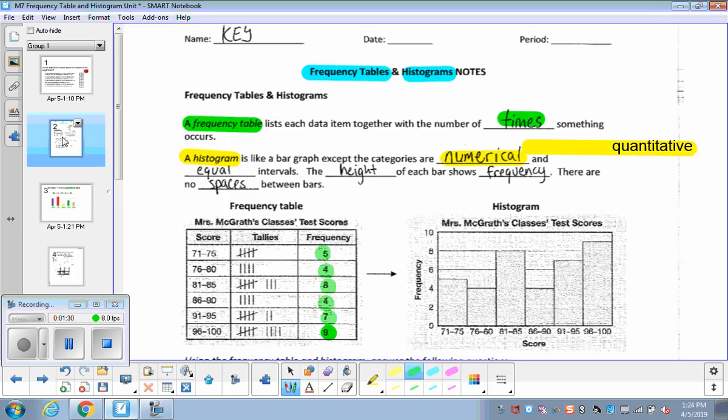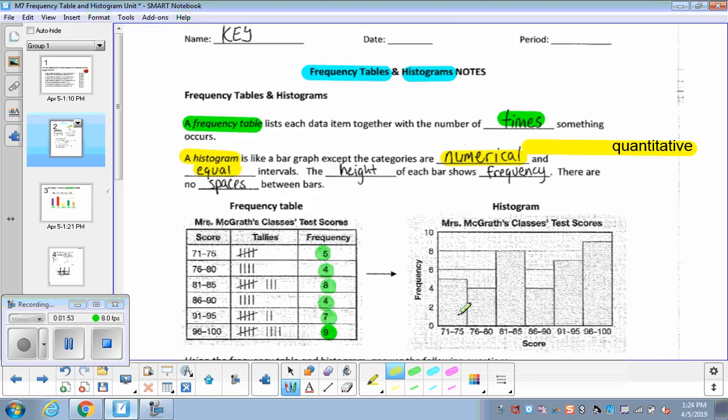And so how tall the bar is lets you know how many are in each category, and that's something that's similar with the histogram. Now here with the histogram, what we do is we take the data and we organize it into equal intervals. So for example, 71, 72, 73, 74, 75, that's 5 possible scores in this category. And if you count again, 76, 77, 78, 79, 80, we have 5 more scores. So these intervals are all equal.